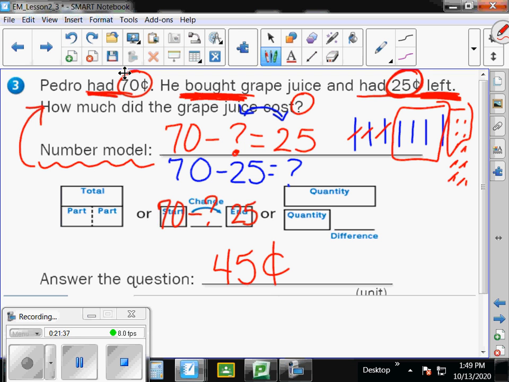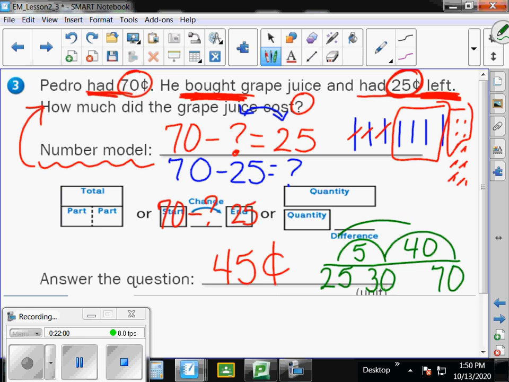All right, boys and girls, or I could have done number grid difference again. I'm subtracting. I could draw an open number line, start with my small number, and jump to my big number. This time I'm going to jump a little different. I'm going to jump 5 first to get to an easy 30. And then I'm going to jump 40 to get from 30 to 70. Again, my answer is 45.